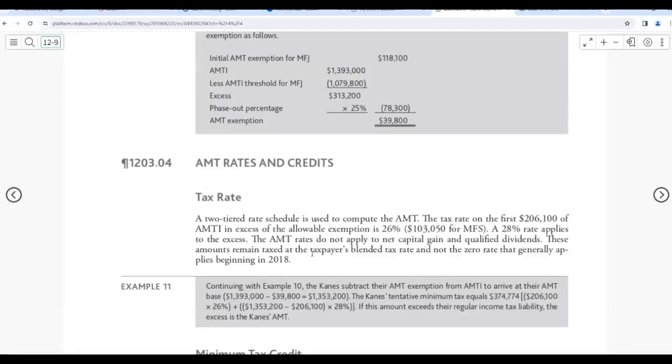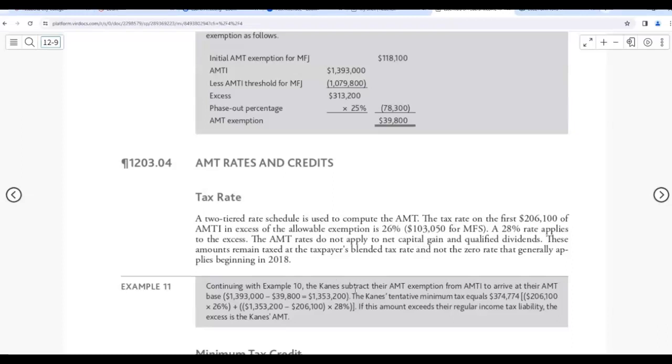These amounts remain taxed at the taxpayer's blended tax rate, and not the zero rate that generally applies beginning in 2018. Remember, net capital gain has zero, 15, 20. That's what this is talking about.